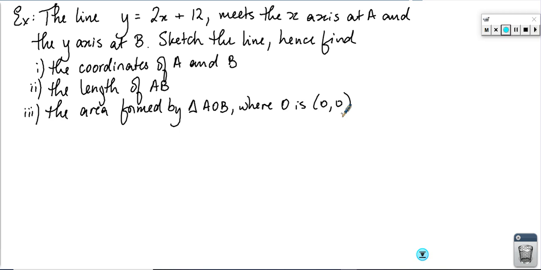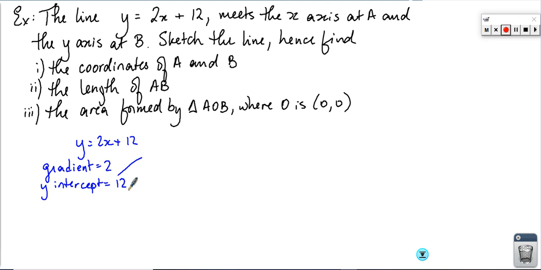Okay? So we're going to start from the line, knowing what is the line. So we have y equals 2x plus 12. What do we know? We know that the gradient is 2, so it's positive. The line goes up. We know that the y-intercept is 12.